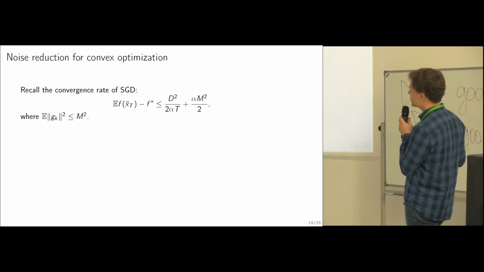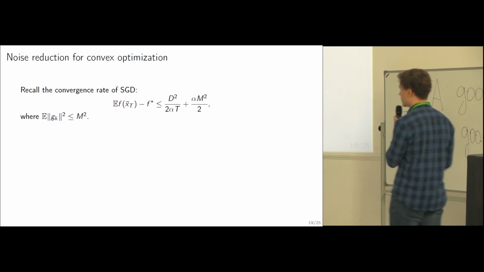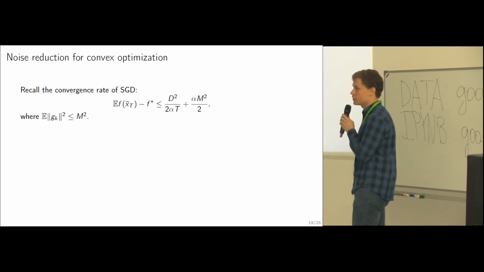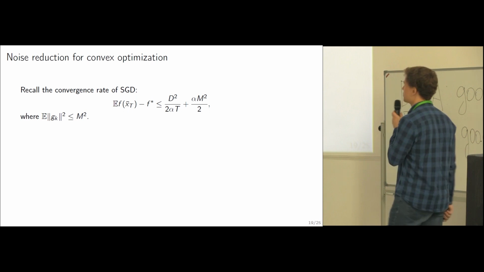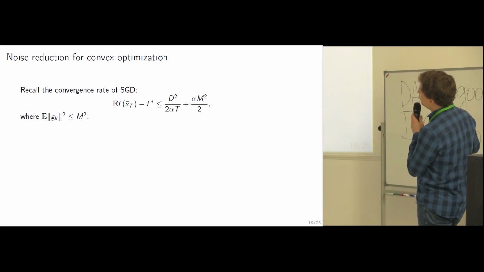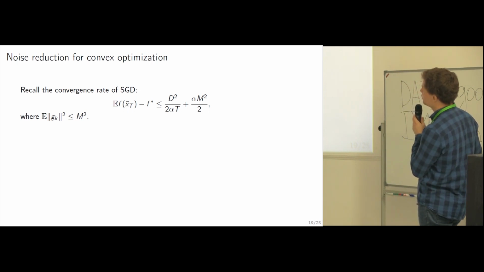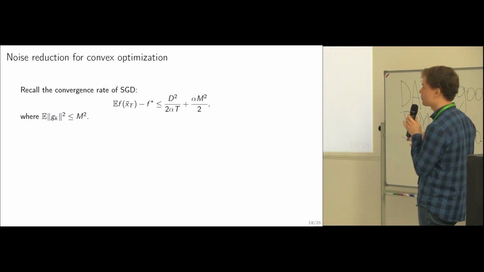The first term was deterministic, which decreased as 1 divided by t, and the second term was responsible for the noise. And again, I return to the assumption about the magnitude of the stochastic gradient. This can also be formulated in terms of the variances. So we see that to obtain epsilon to the minus first complexity, which is the same as requiring that this thing converges as 1 divided by t, we need this m to be small, ideally 0, right?